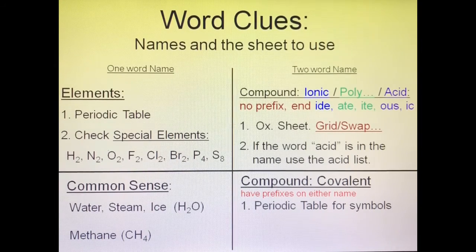And so really all you need for covalent compounds is your periodic table if you need to remind yourself of the symbols for either of the elements involved. But the information for numbers in the formula are just described by the prefix in the name. So carbon dioxide is just the formula, 1 carbon and 2 oxygens, or CO2, directly interpreted from the name.